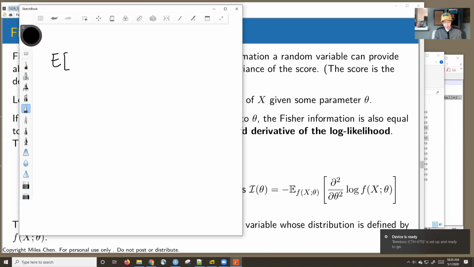When we say we've got the expected value of y, this notation would be basically you've got the expected value and you've got some kind of PDF or PMF of y, right?